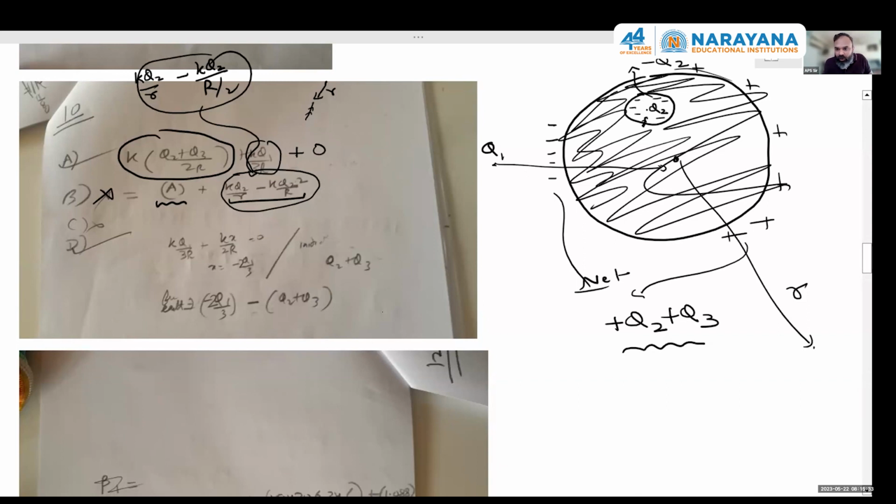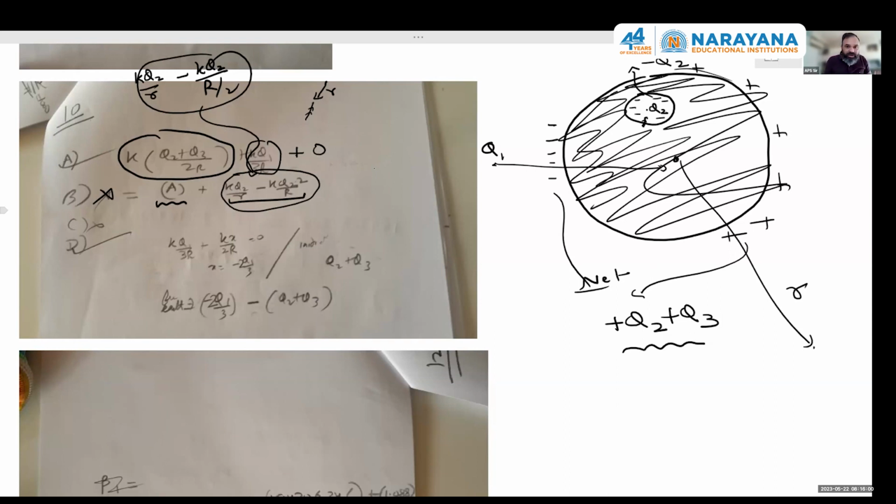Because of this guy it is 0, I accept. But the third term he has written cannot be written that way. That is possible only if Q2 plus Q3 is uniformly distributed on the outer surface. Then someone can say, sir, is it a possibility that for a given R it is valid for one of the points? Maybe, but that cannot be a general statement, so we cannot accept it generally. That's why it is not right.